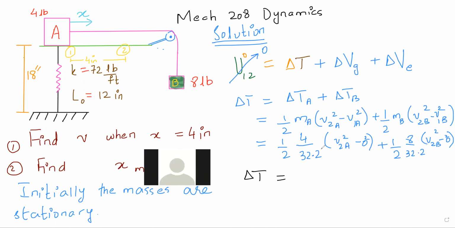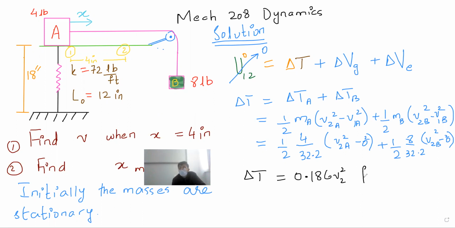So delta T comes out to be, no, Kevin, even right now I cannot hear you. 0.186 V2 square foot pound. Do we have any online student who also got the same value? No? You did not get 0.186?